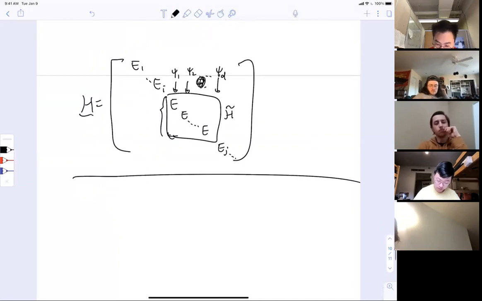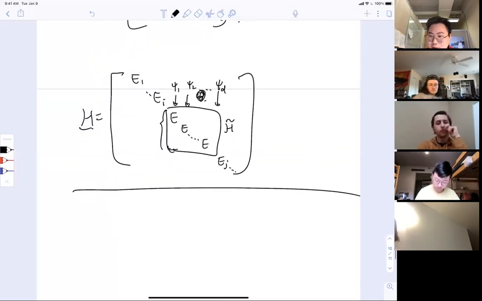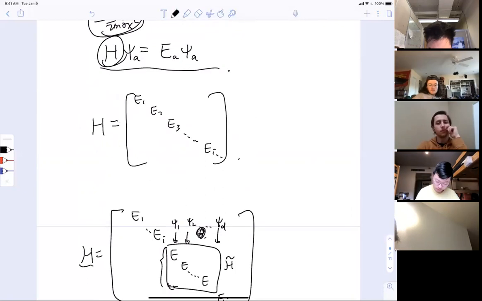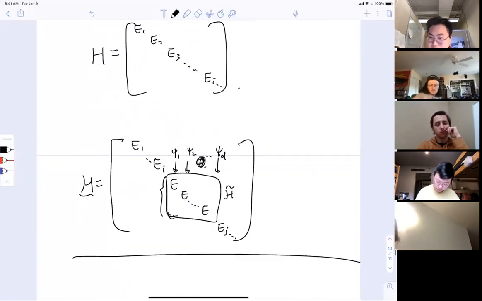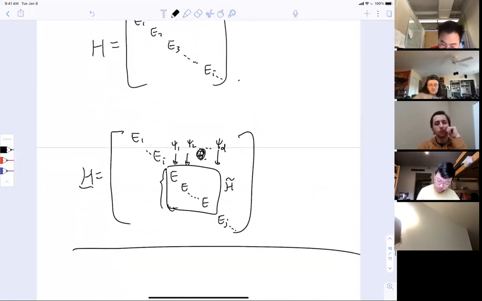By the way, so far so good. What I'm saying here is just standard quantum mechanics: diagonalize the Hamiltonian, and generally the eigenvalues should not be the same. If they're the same, here I assume there's a subspace with dimension D, and then there must be some reason for that.